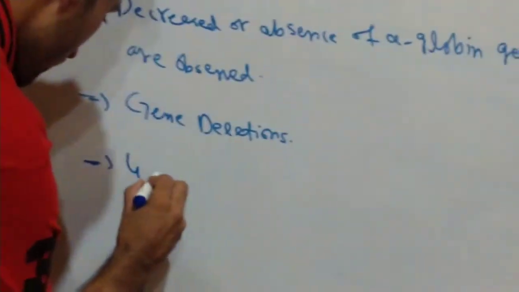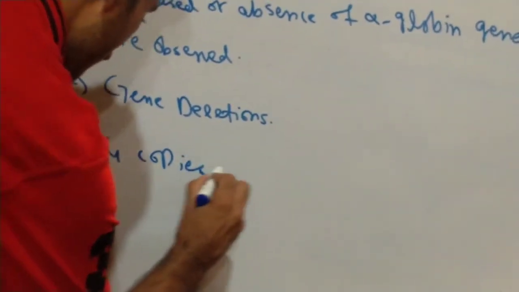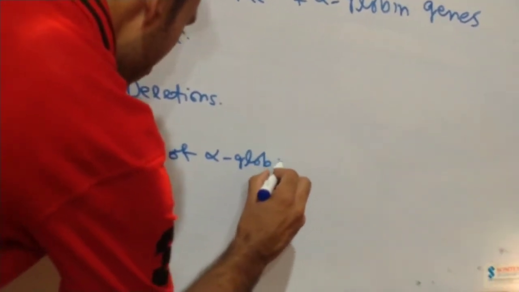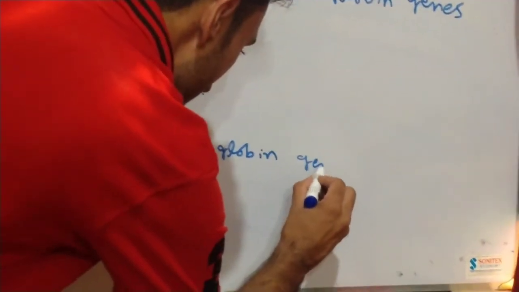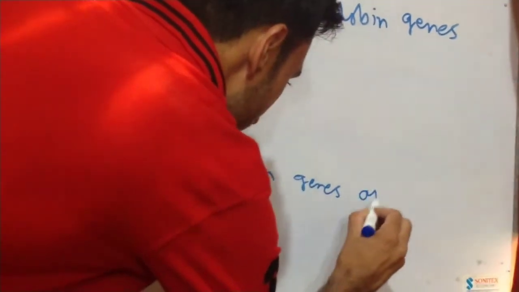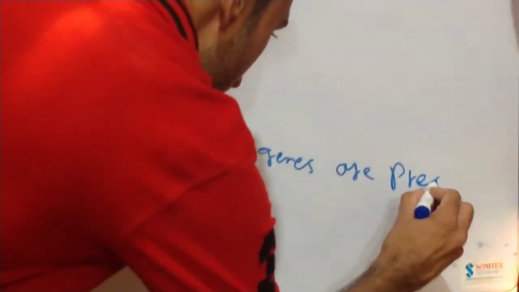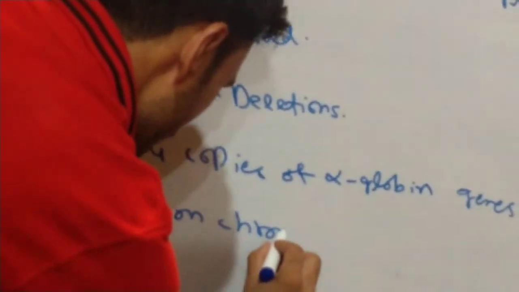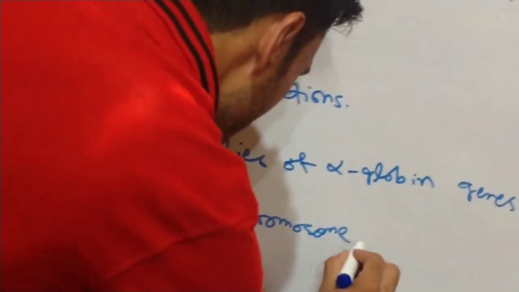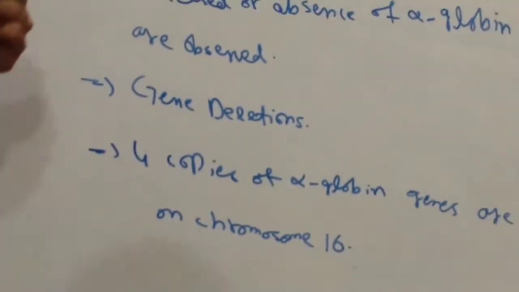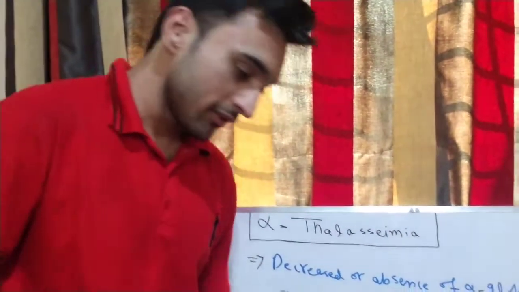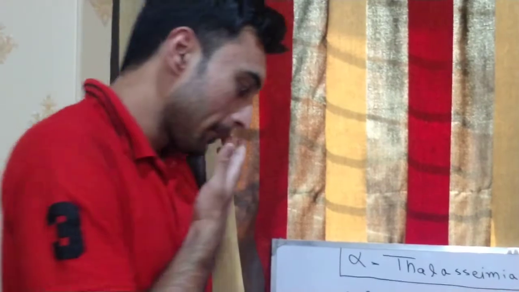Now, on the basis of this information, that 4 copies of alpha globin genes are present on chromosome 16, there are 4 levels of the alpha thalassemia disorders.